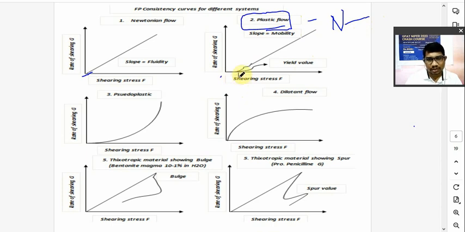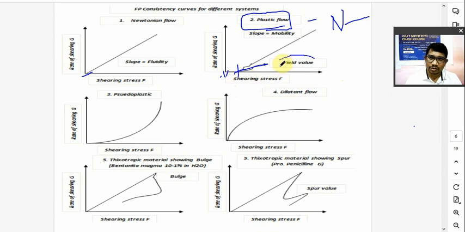A certain amount of stress is required for the flow, and if you pass this stress value, then the material will start to flow.